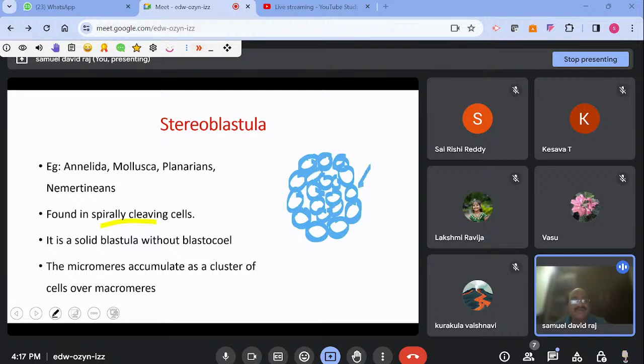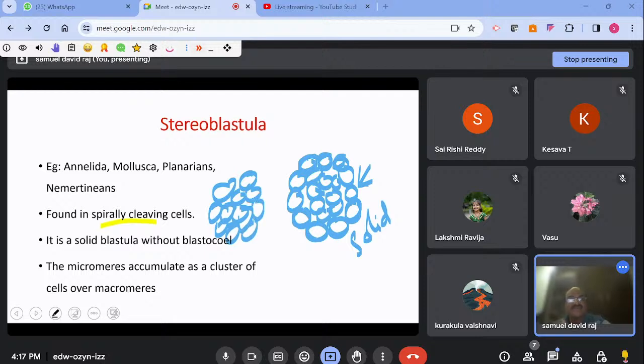So it appears like a solid ball of cells, like a morula we can see. But the difference between a morula and this one is, in a morula there is no layer. All the cells are randomly placed.